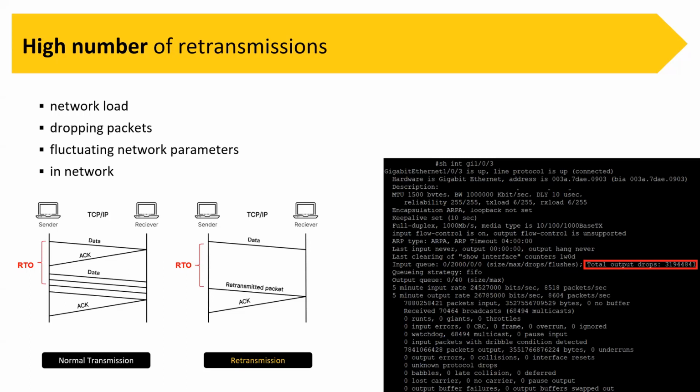There could be some reasons, because the packet is dropped or anything like that. If you look at the interface of a router, for example, the screen you see here is an interface on a Cisco switch where you can see the drops on an interface.